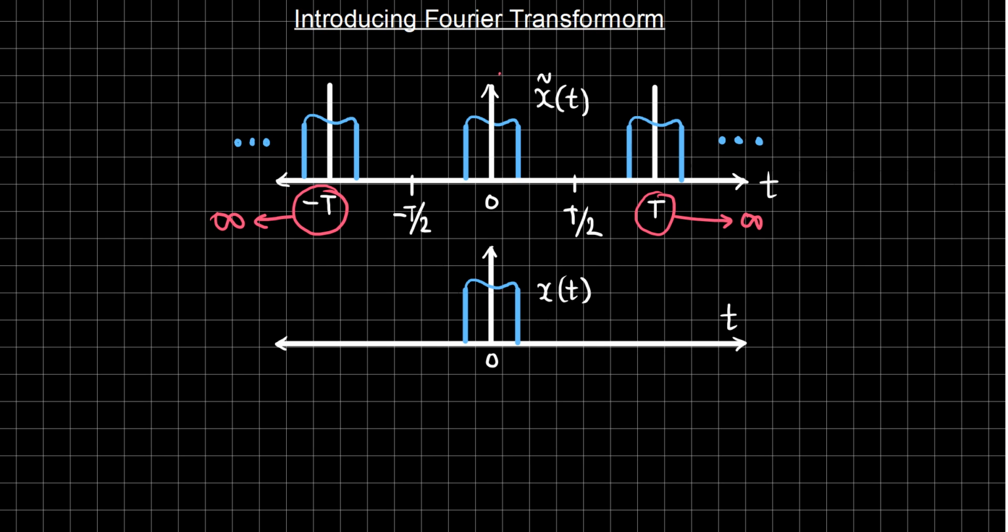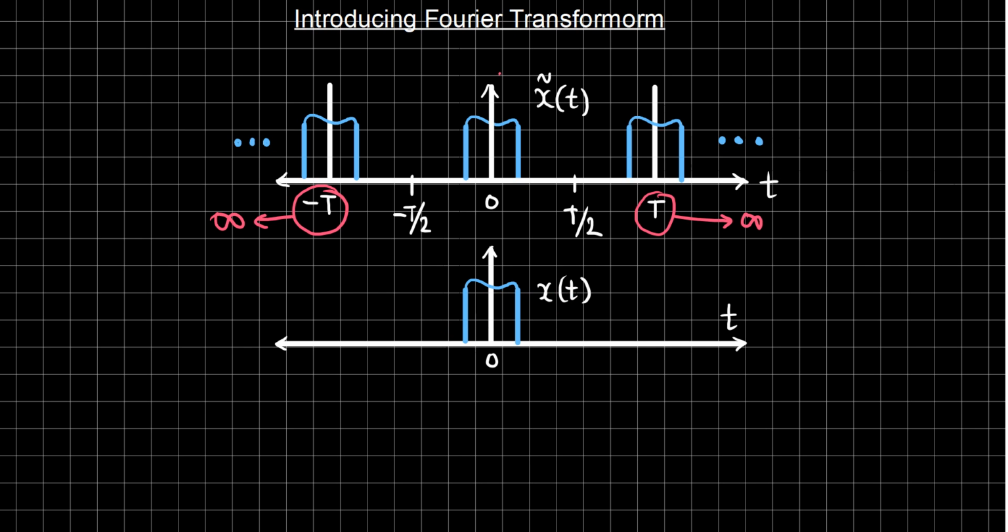We are going to do the same with the theory of Fourier series, and we are going to derive the Fourier representation for the aperiodic signal, and that is going to be called the Fourier transform. Let us look at the derivation of the Fourier representation for this aperiodic signal x of t.